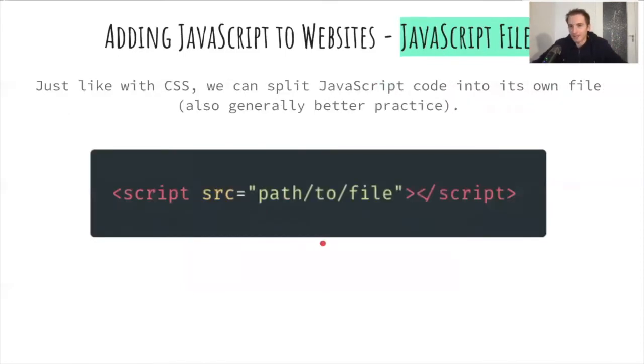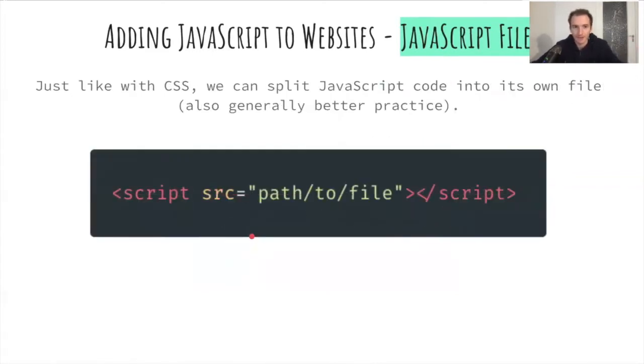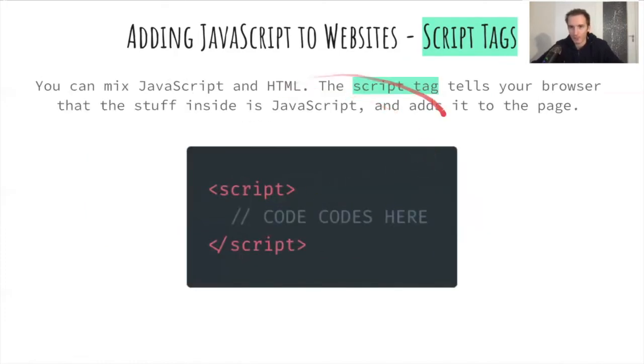And then similarly, also similar to the CSS, you can link an external JavaScript file, and that will link that into the same place. So basically, it's almost the same thing as using a script tag and putting some JavaScript inside of it. But in this case, it will just grab whatever's at this path. So hopefully that's a JavaScript file, and it'll basically copy paste that code in here.